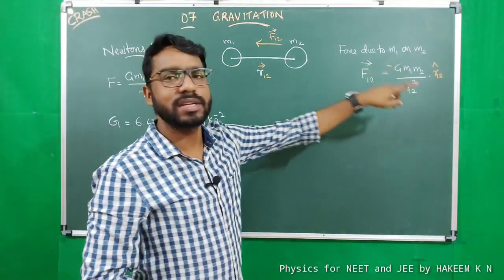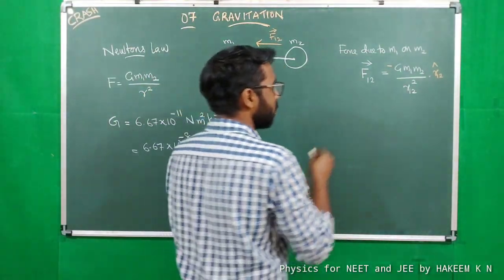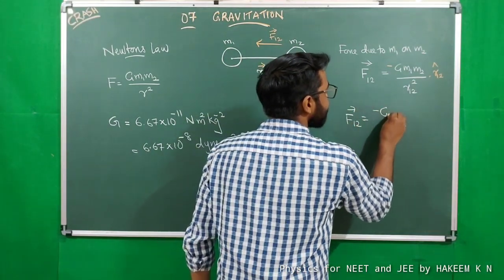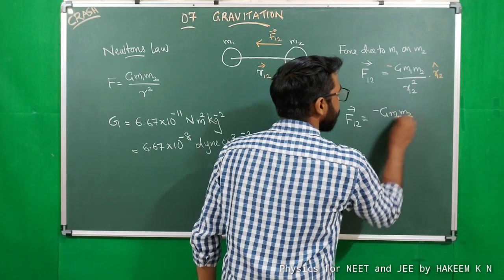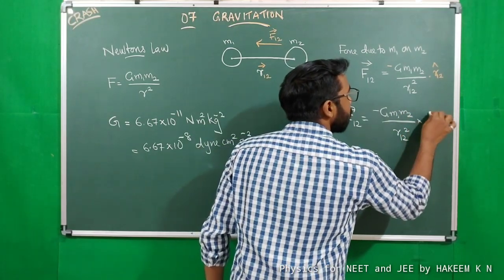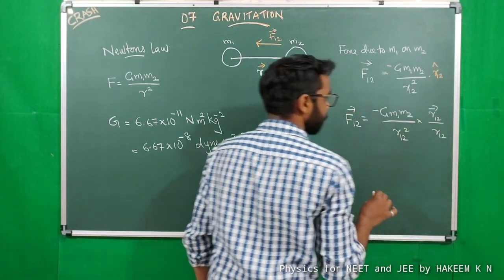So this is the vector form of gravitational force, and we can change this form into vector F12 equal to minus G m1 m2 by r12 square into vector r12 divided by r12.